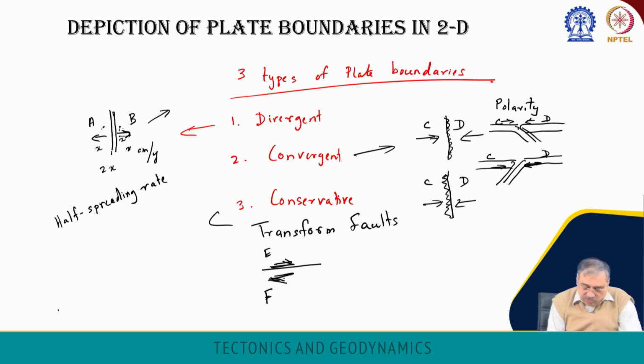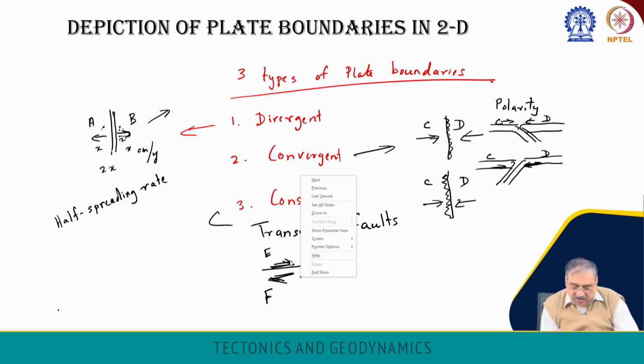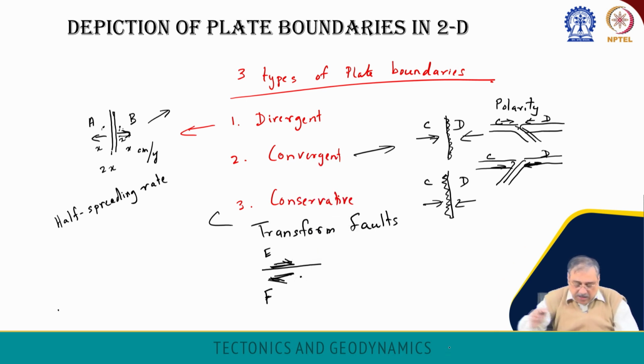Now, this means that to any observer on plate F facing the transform fault, any person or object on plate E will appear to move to the right.